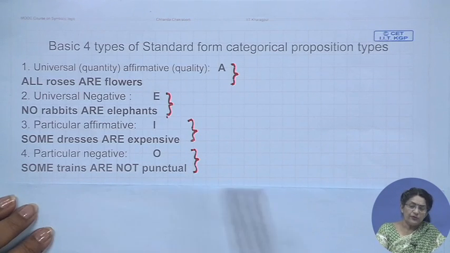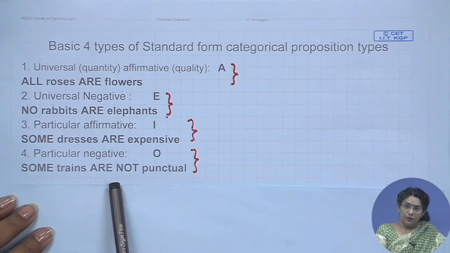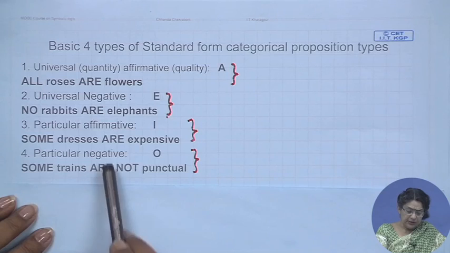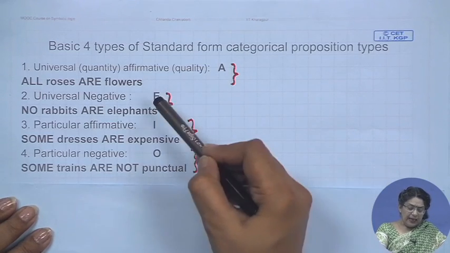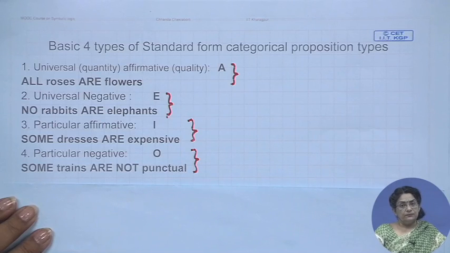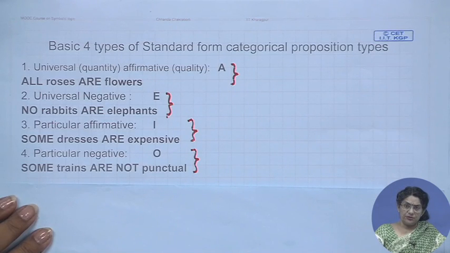For example, some trains are not punctual. So, some, quantity, are not, quality, fine. So, A, E, I, O, these are the 4 basic types of categorical propositions. In fact, what you are looking at are the 4 standard form categorical propositions. Okay, there is no other form.